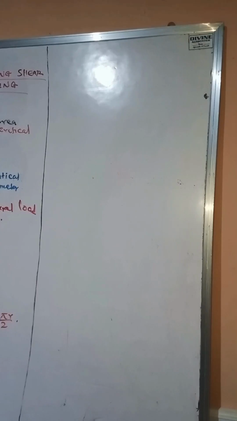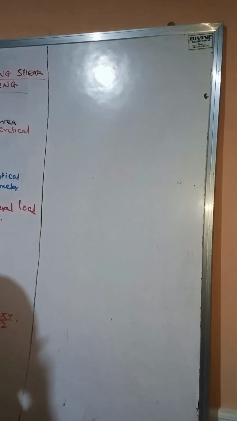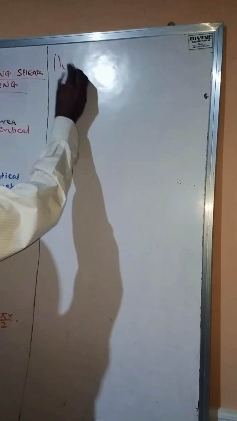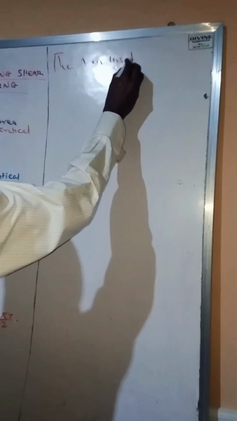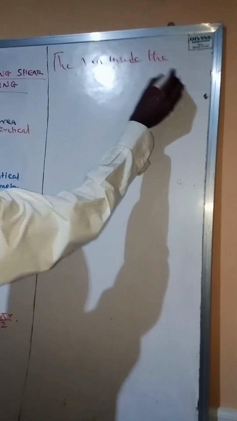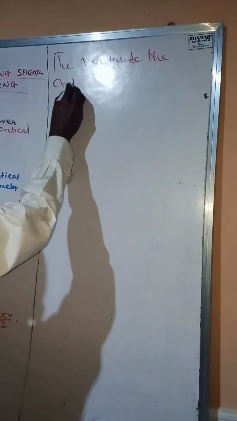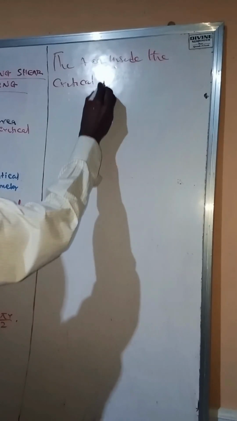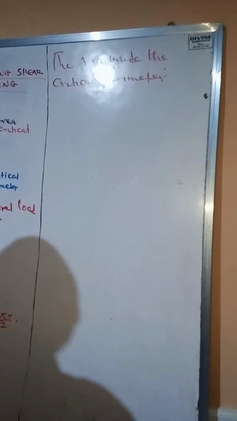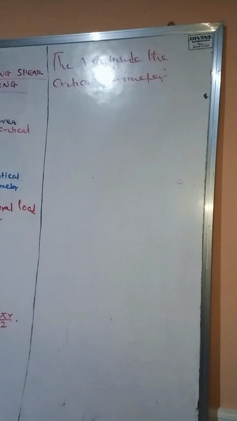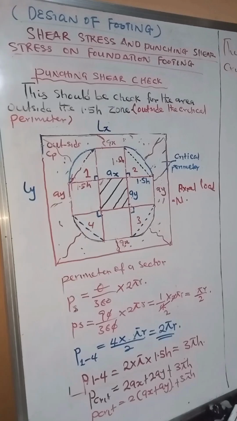So let's go ahead and work on that. We're going to calculate the area within the critical perimeter. So solving from where we stopped, having got the critical perimeter, we need the area inside the critical perimeter. Now the areas inside the critical perimeter, like we have seen, are the areas where we have the crack.